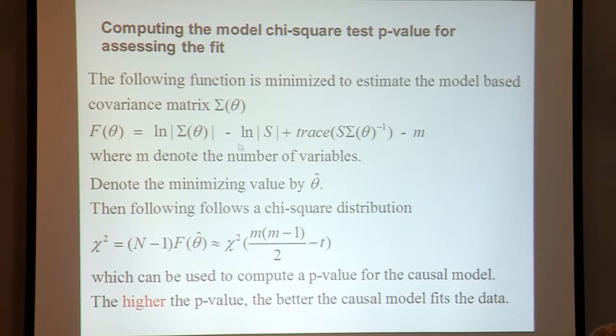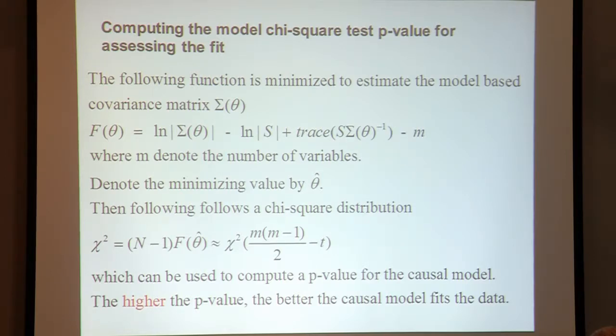Now, what does the causal model do for us? The causal model suggests that this observed variance-covariance matrix has a certain form. And this form is parameterized. There are certain parameters.